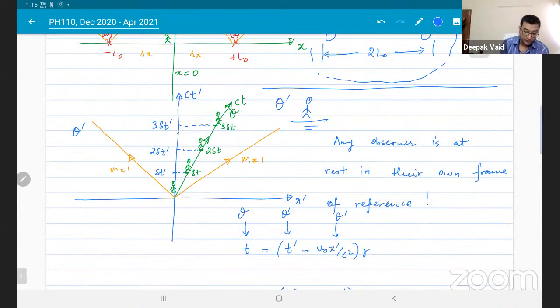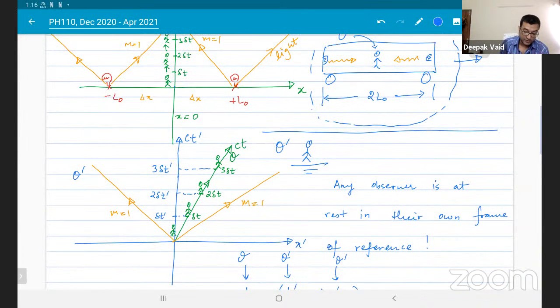So as seen by O prime, the time axis of O looks like this line.